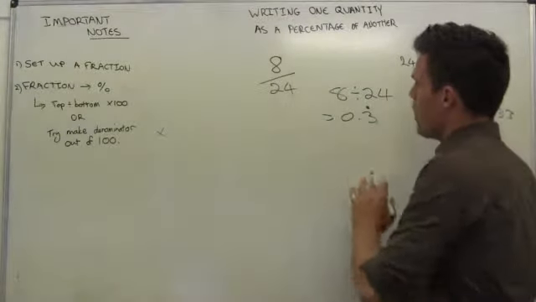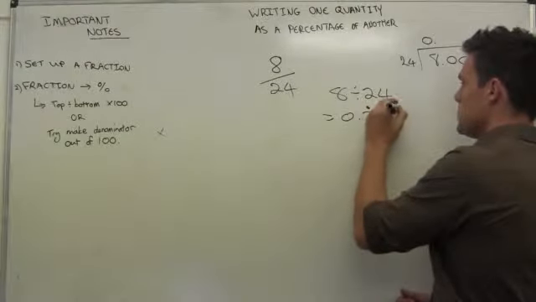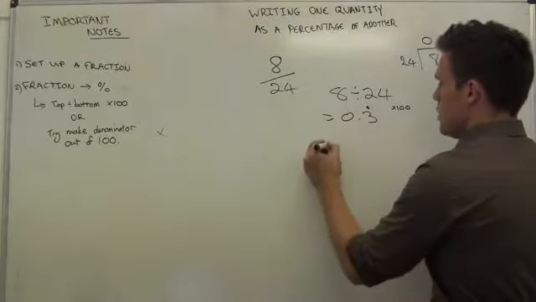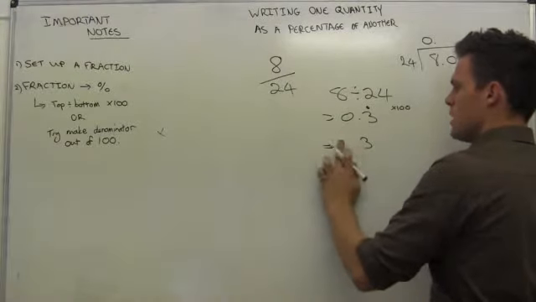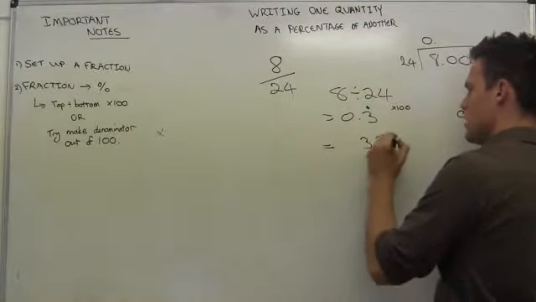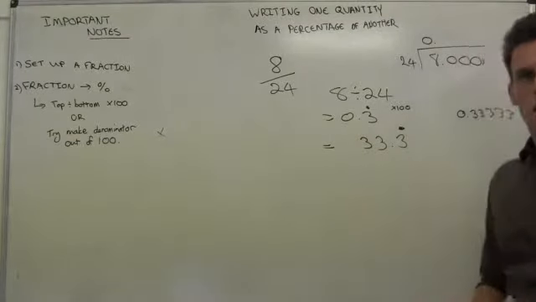What we have to do now is, obviously I've converted it into a decimal, so we're going to times it by 100. So 0.3 recurring times 100 gives me 33.3 recurring. And so that is my answer.